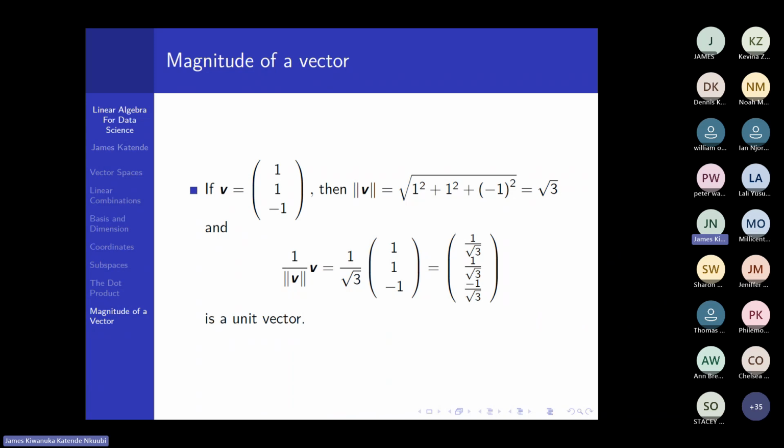Now this vector is a unit vector. You can check that its magnitude is 1. You can check that by hand. It's not too hard. The magnitude will be equal to 1 for this vector. So anytime you have a vector, you can always use this formula to convert it into a unit vector.